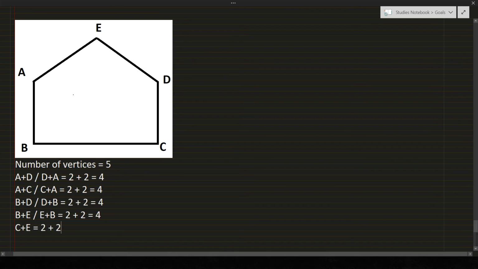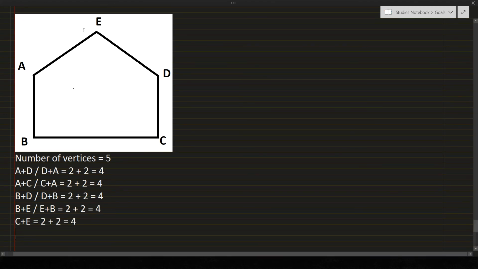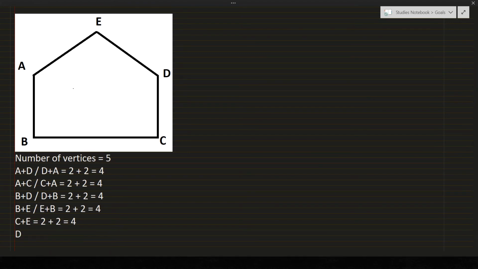For E, 2 gives us 4 also. Lastly, for letter D, we already have the non-adjacent pair.